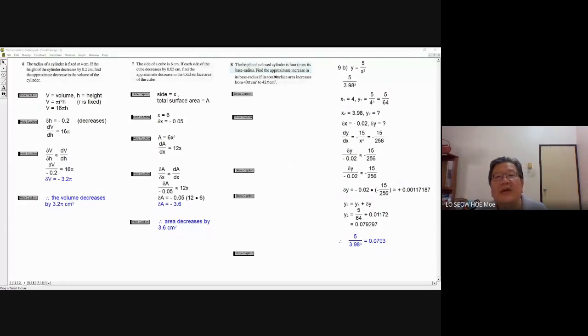Okay, next question. The height of a closed cylinder is 4 times the base radius. Find the approximate increase in its base radius if the total surface area increases from 40 pi to 42 pi. Again, in this type of question, you have to identify the variables involved. They are the height, radius, and surface area of the cylinder.